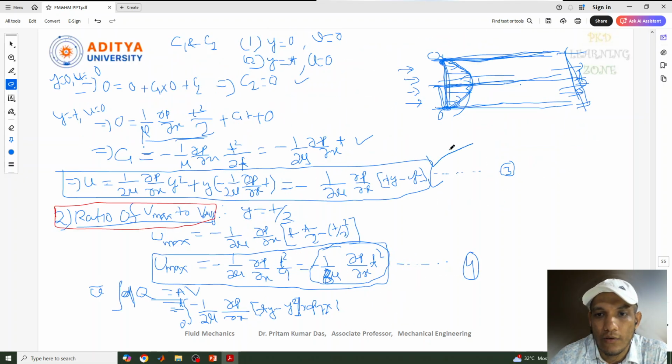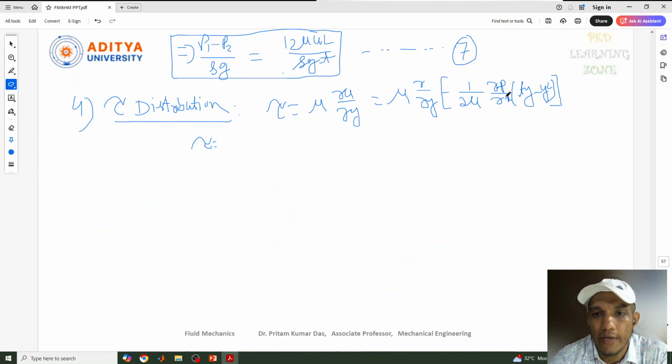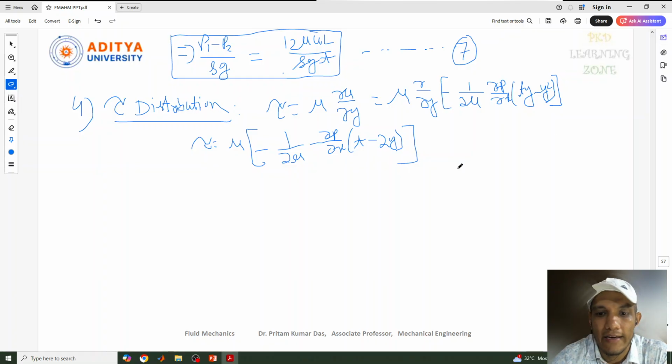Now after this we can write tau equal to mu into minus 1 by 2 mu del p by del x, and this is (t minus 2y), the derivative of that. I have done the derivative here.